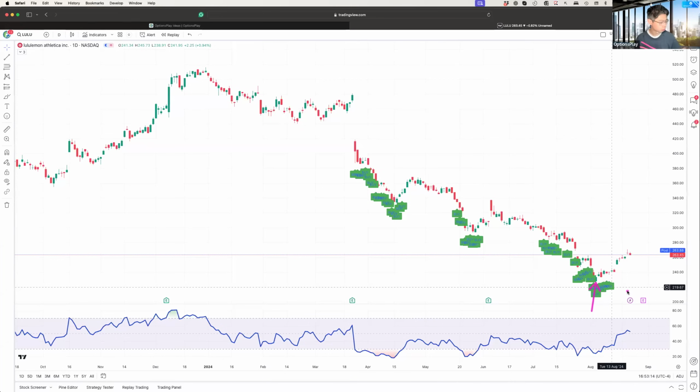Nothing else has been able to identify these turns as quickly as these counter trend signals with the divergence filter. And only when that happens have we been able to find trades where we are basically catching trades at the very bottom and turning it when the thing is about to turn over.